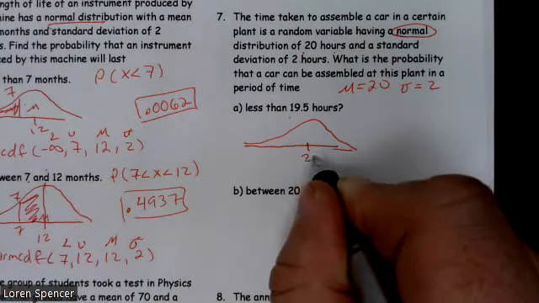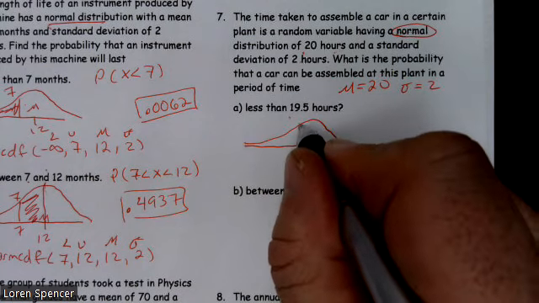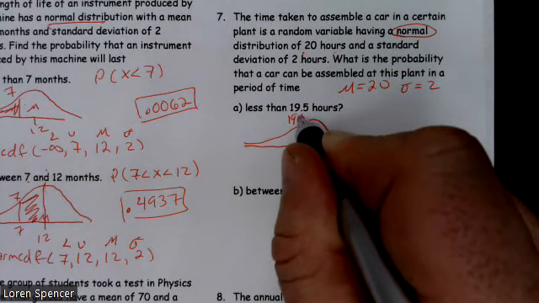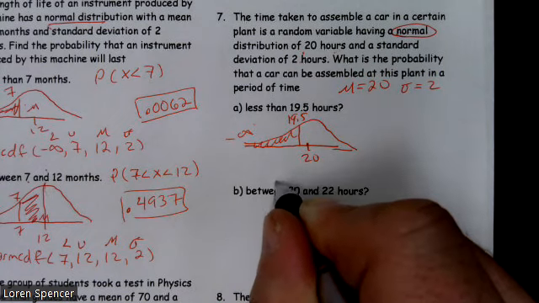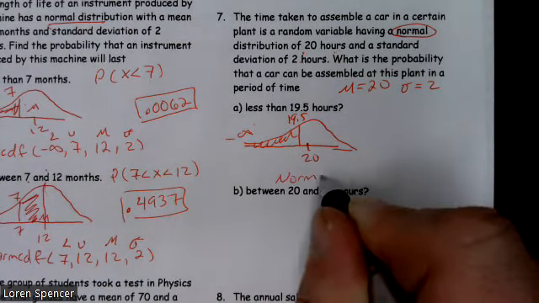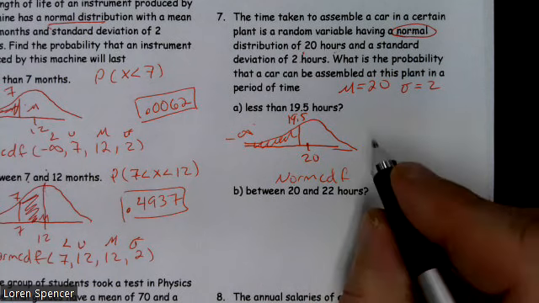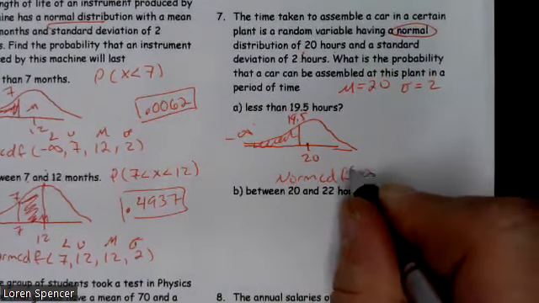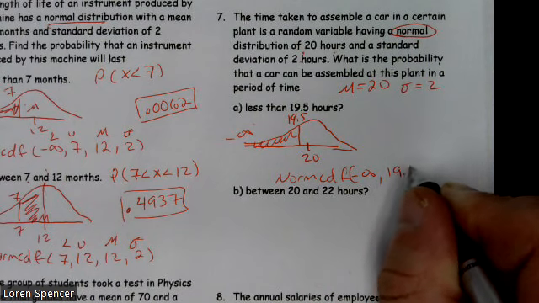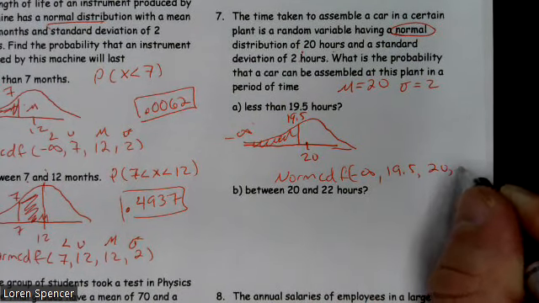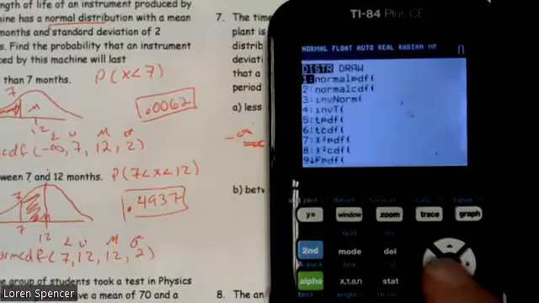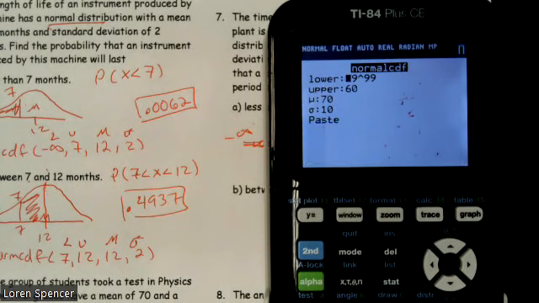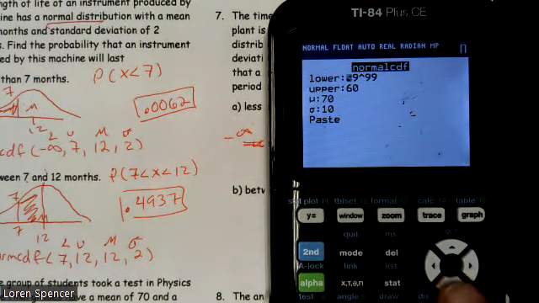So this is 20. This is 19.5. Less than, so we're going to negative infinity. So this is a norm CDF. Lower is negative infinity. Upper is 19.5. Mean of 20. Standard deviation of 2. Second vars, normal CDF. Lower, we have the negative infinity.